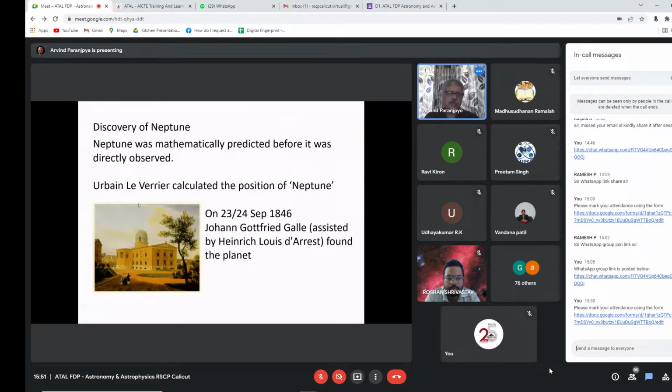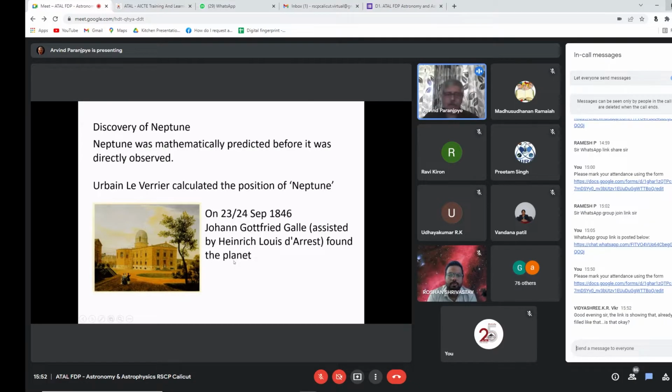So what he did was send his observation to his friend Galle, who was in Germany, not too far from his place. He sent him a set of data in which the date and the position of this unknown object were marked. This was Johann Gottfried Galle, who was at the Berlin Observatory. That is the picture you see here, and it was sent to him. Now the story doesn't end here.